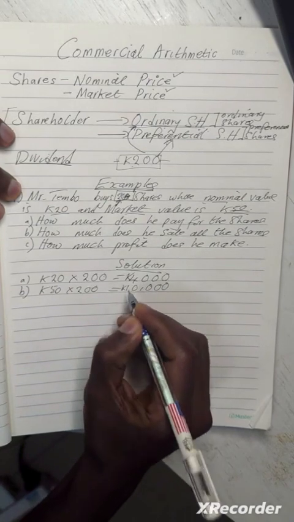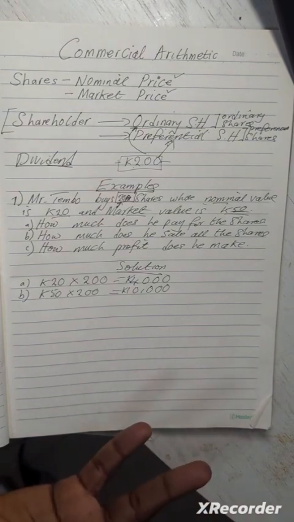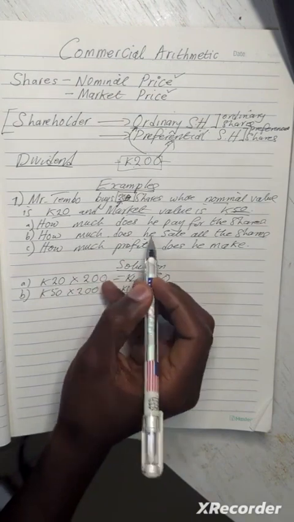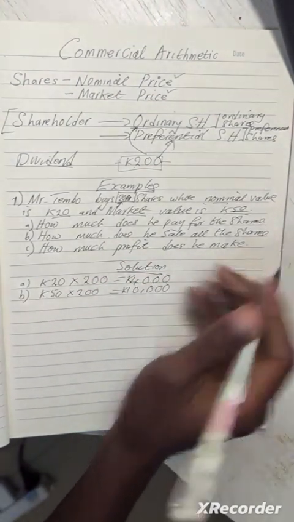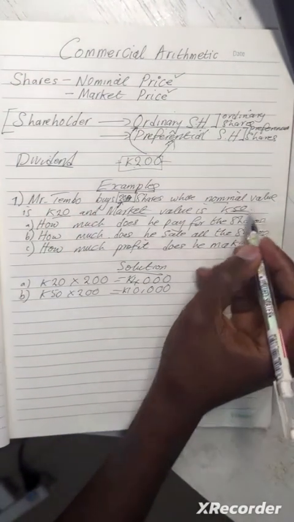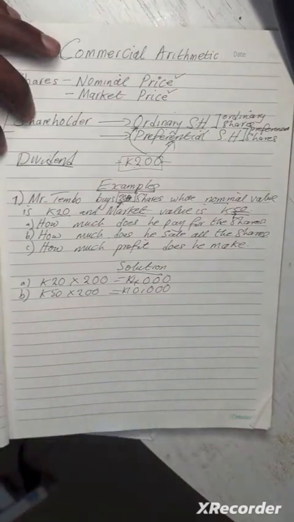So he makes 10,000 from the sales. Maybe my English isn't clear here, but I wanted to ask how much he makes from selling all the shares. Since the market value is 50 kwacha, 50 kwacha times 200 is going to be 10,000.